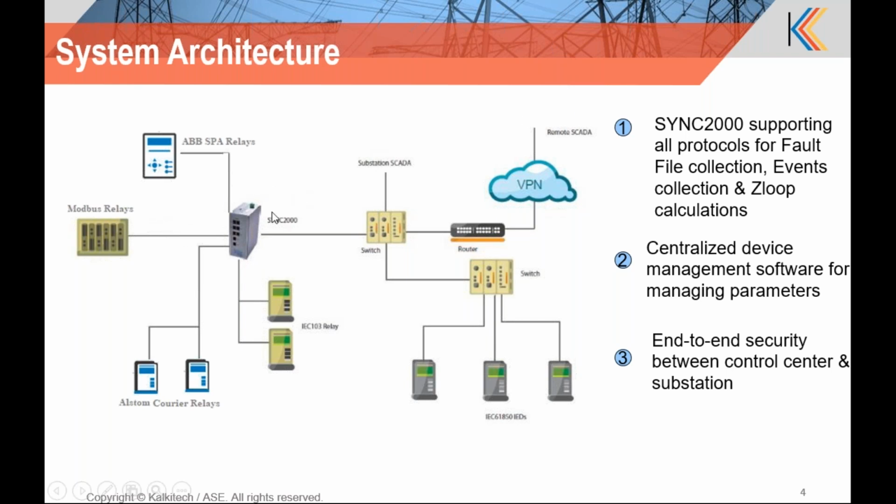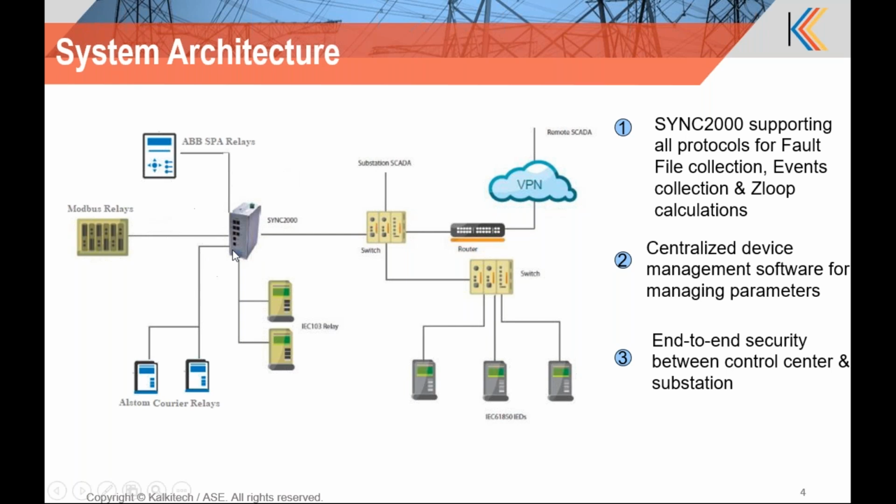And apart from all these things, once the disturbance or fault file is available in SYNC2000, we run an algorithm known as the loop impedance algorithm, in short the Z loop algorithm, to calculate the loop impedance from the feeder to the fault.